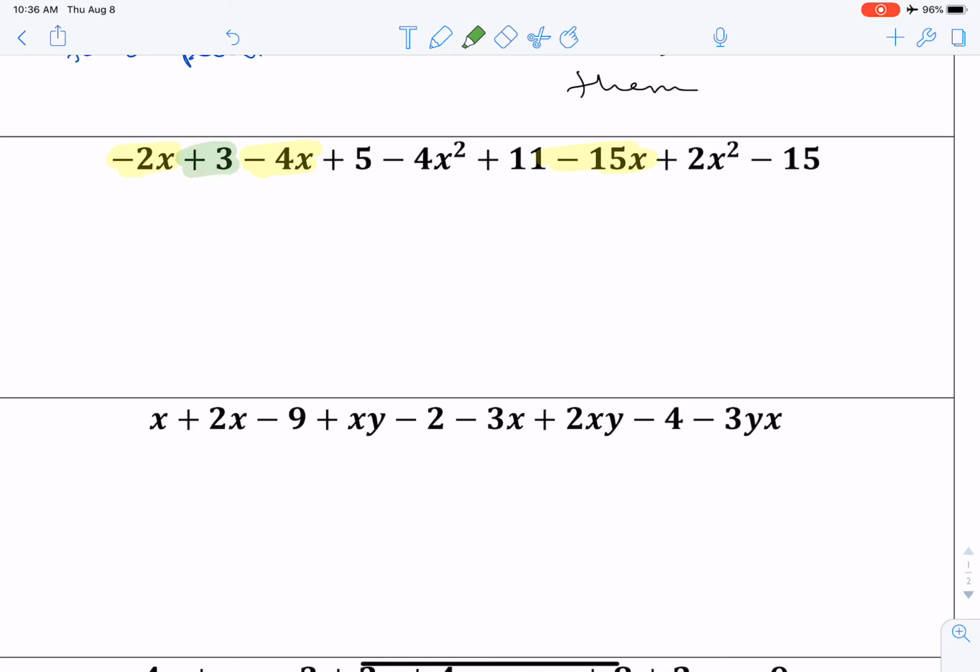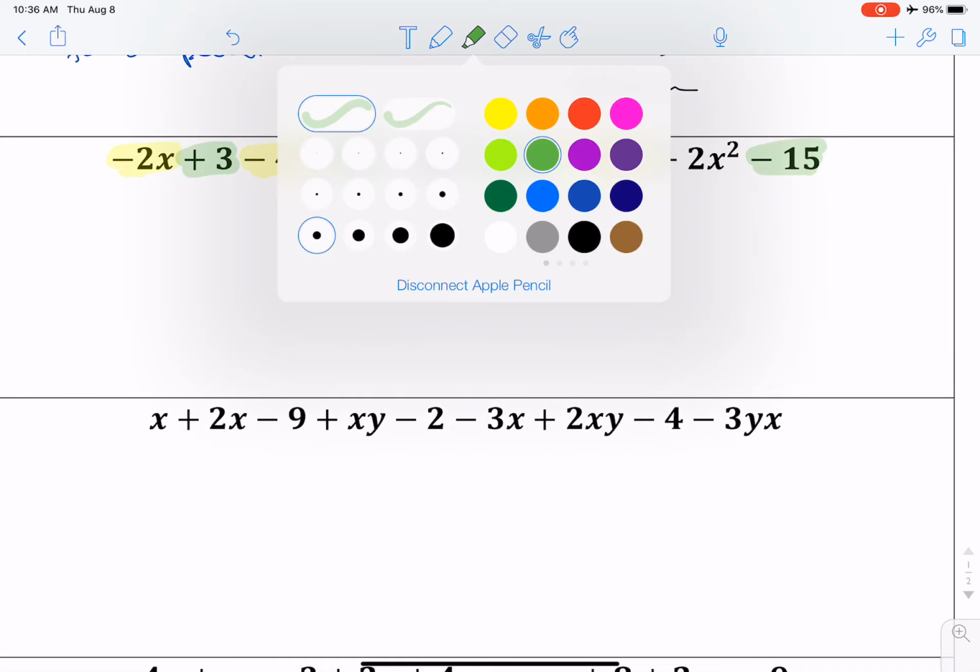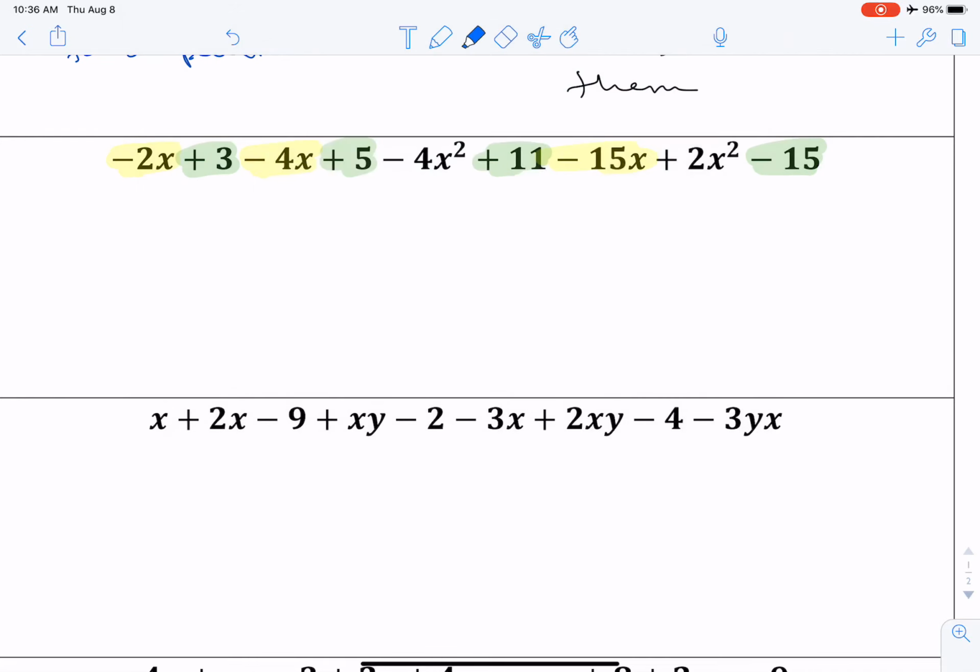So any number that doesn't have a letter, so the 5 and the 11 and the negative 15. And then the negative 4x squared is a like term with the positive 2x squared.